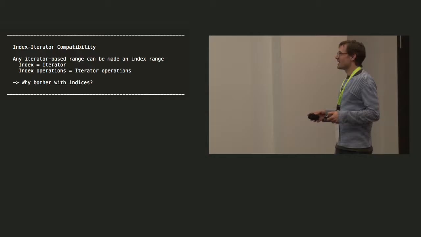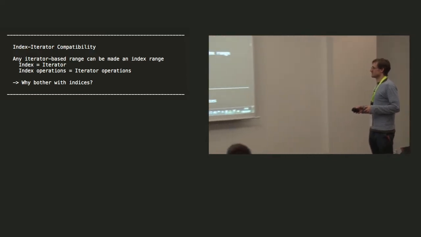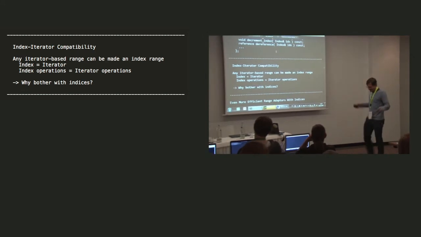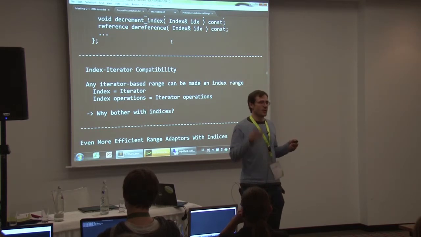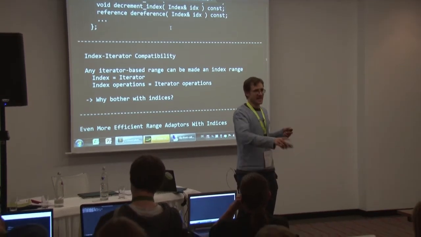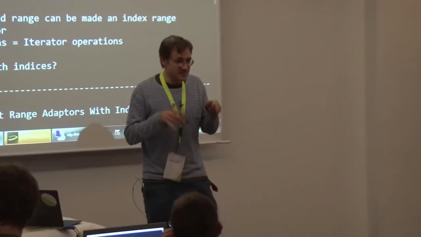So first of all, any iterator-based range can be made an index range. Okay? So when you have something that has, say, a vector or whatever, you can always put an adapter on top of that that says, okay, call your iterator the index, and I'm going to implement the index range interface. And whenever I say, hey, adapter object, please increment, or hello range, which is then going to be vector, for example, please increment the index, then you know, the index is just my iterator.